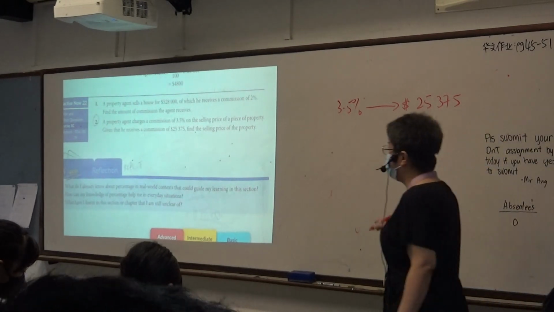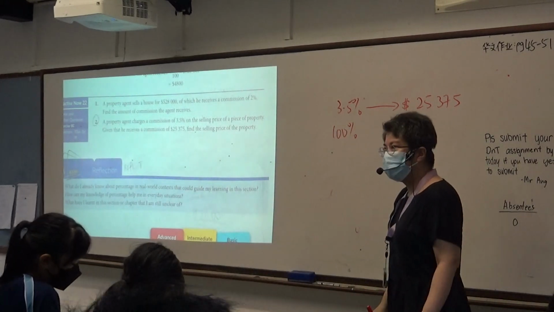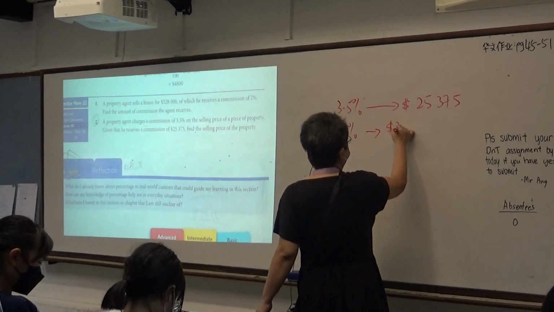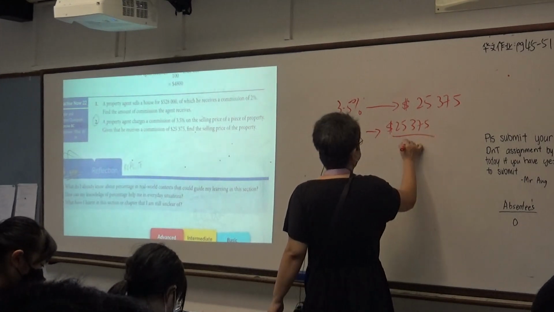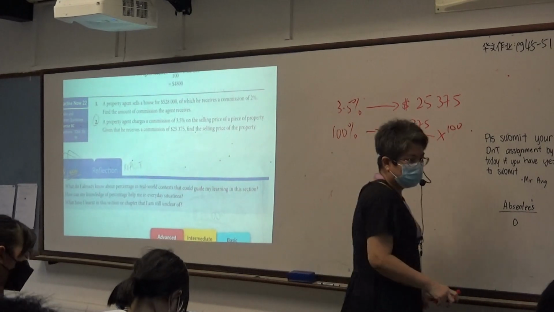So what is the property? 100%, right? Am I right to say that? So, how would I find this? Times 100.